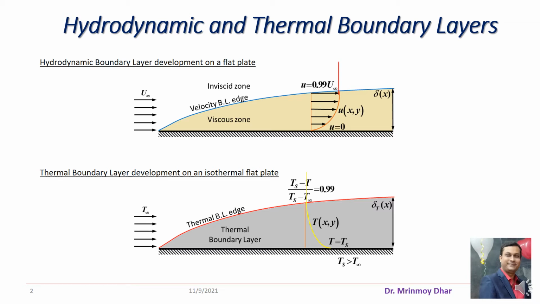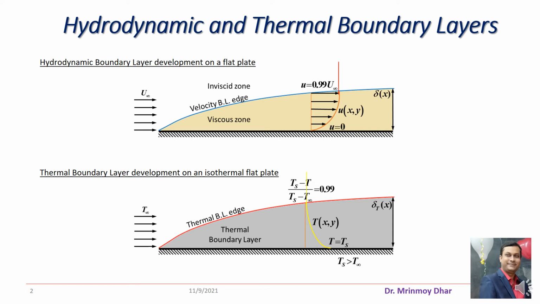This delta increases in the x direction, and the behavior of this delta, or boundary layer height, is different for laminar flow, and it is also different for turbulent flow. This is an advanced topic. So for now, we just understand what is hydrodynamic boundary layer. Next, we look into the thermal boundary layer.